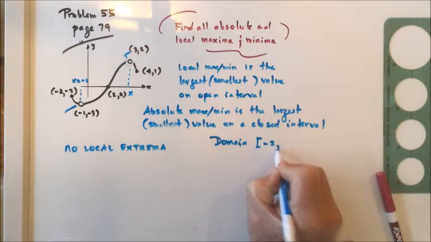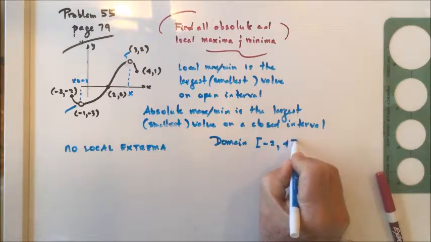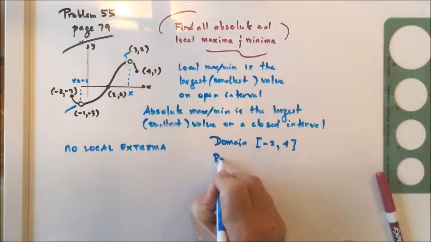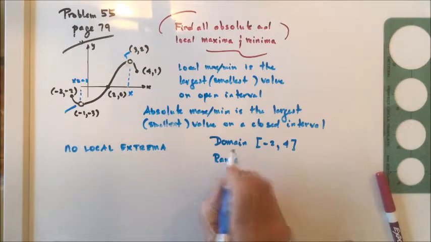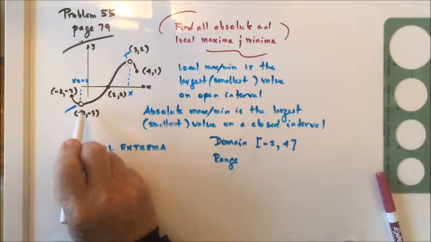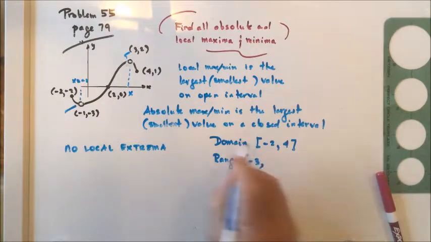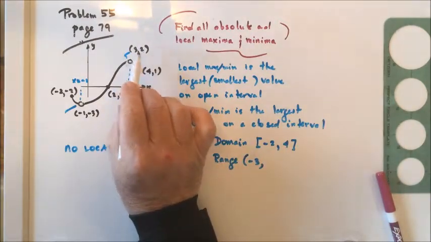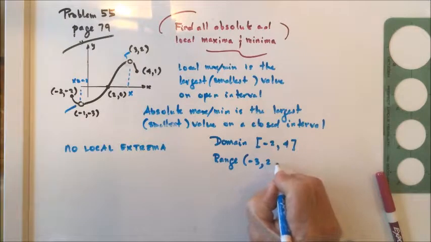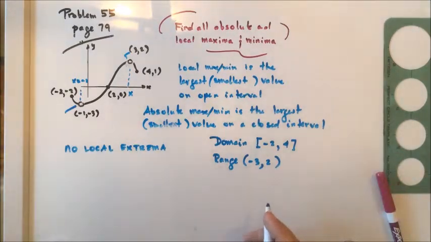So the domain is -2 to 4. The range, however, goes as low as -3, but does not include -3. And it goes as high as +2, but it doesn't include +2. So the range is an open interval in this case. And because of that, there's no local extrema.